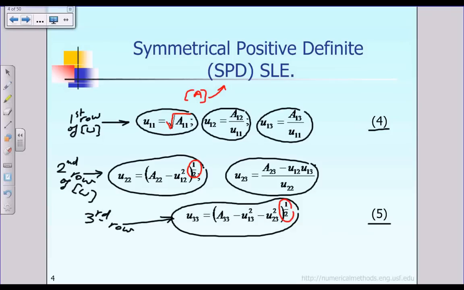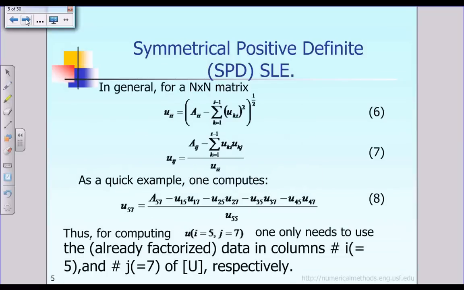Okay, so at this moment, we already figured out all the terms in the factorized matrix U. Well, what happens if the matrix dimension is bigger than 3 by 3? For example, it could be a 4 by 4, 5 by 5, or 10 by 10, or bigger.